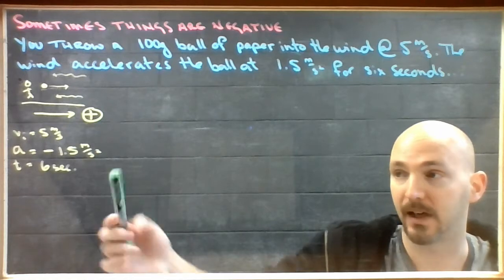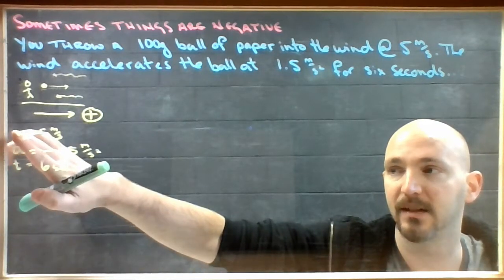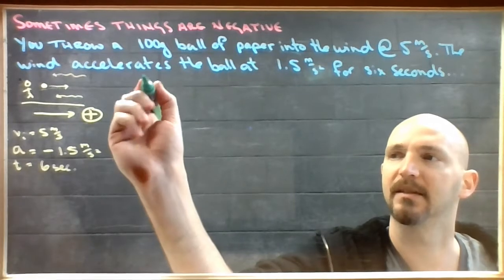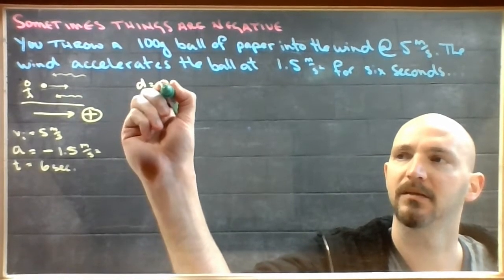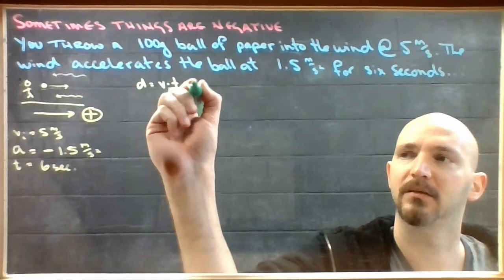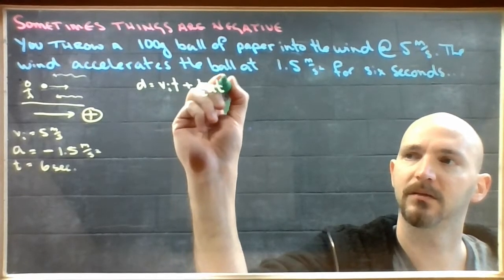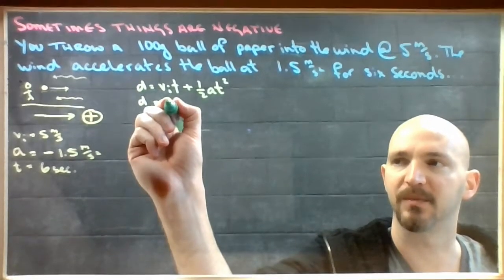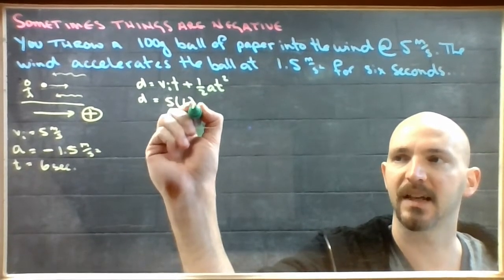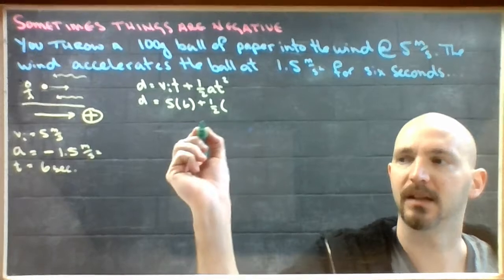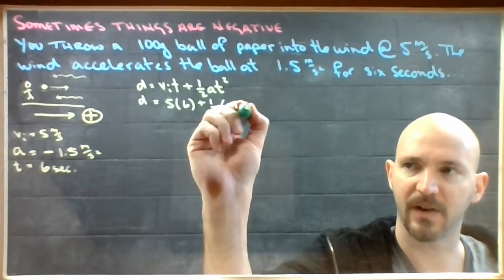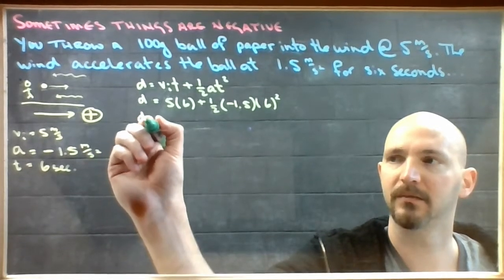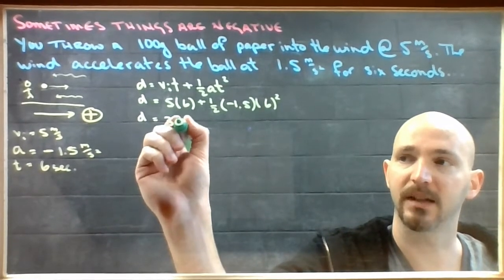So I need an equation to connect initial speed, acceleration, and time to distance. So that's this one. Distance is what I'm calculating. Initial speed is 5. Time is 6. Acceleration is negative 1.5. Time is 6. 5 times 6 is 30.